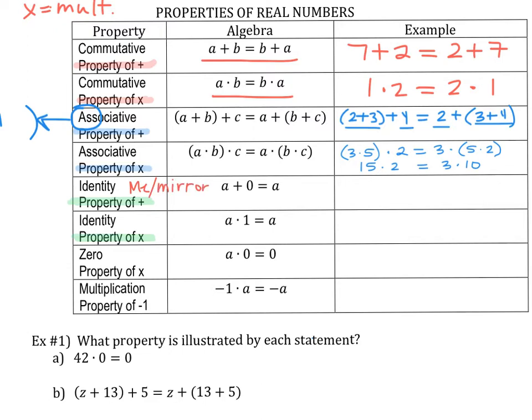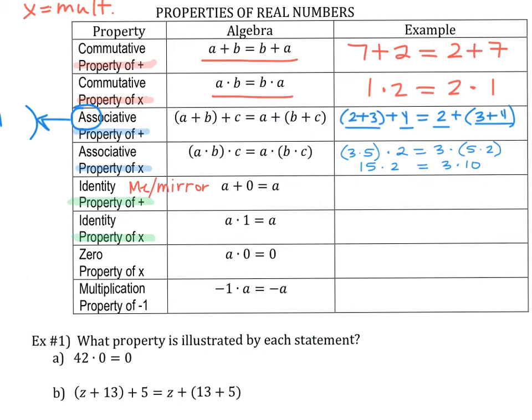My identity, who I am, does not change if I add nothing to me. So I am A, add 0 to me, what's my identity? Still A. I'm Brooke, add nothing to me, I'm still Brooke. The identity property, who you are.